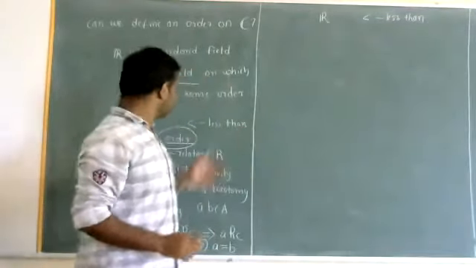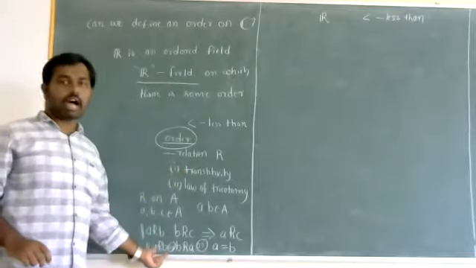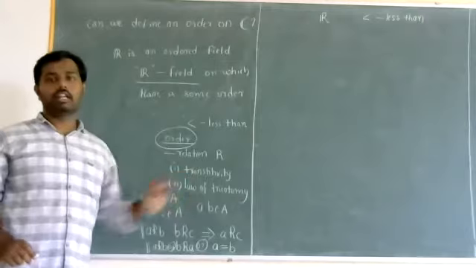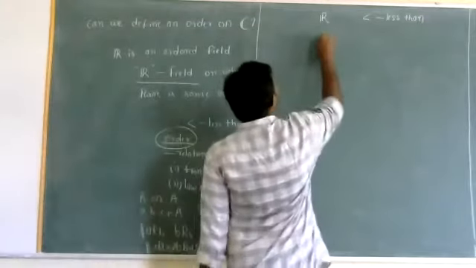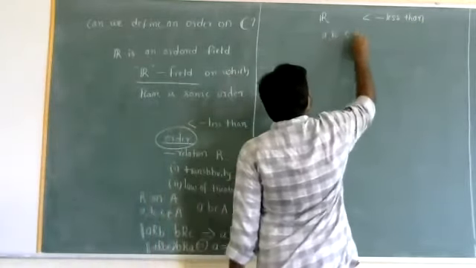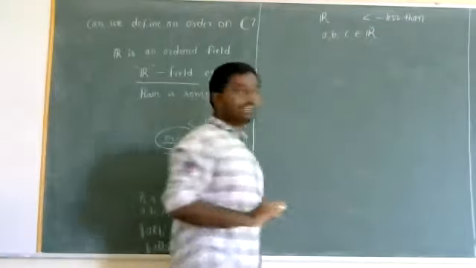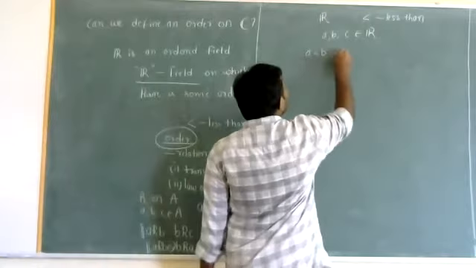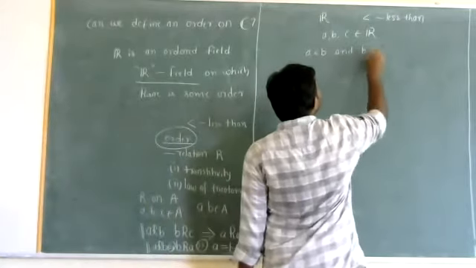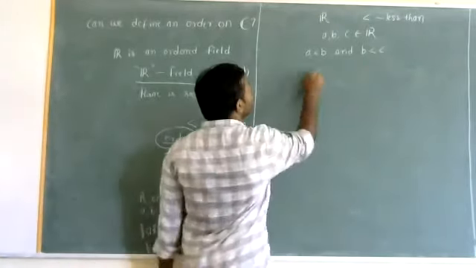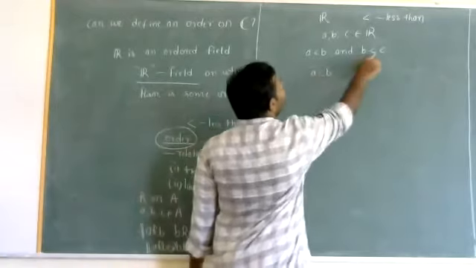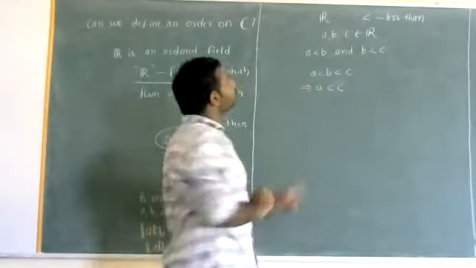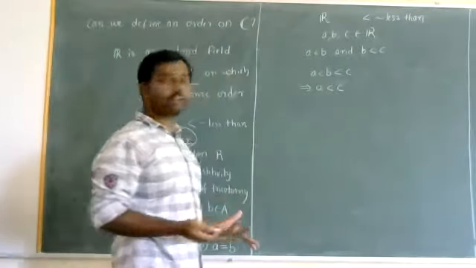Then obviously it will be transitive and it will satisfy the law of trichotomy. If A, B, C are real numbers, suppose A is less than B and B is less than C, then A is less than C. So it is transitive.